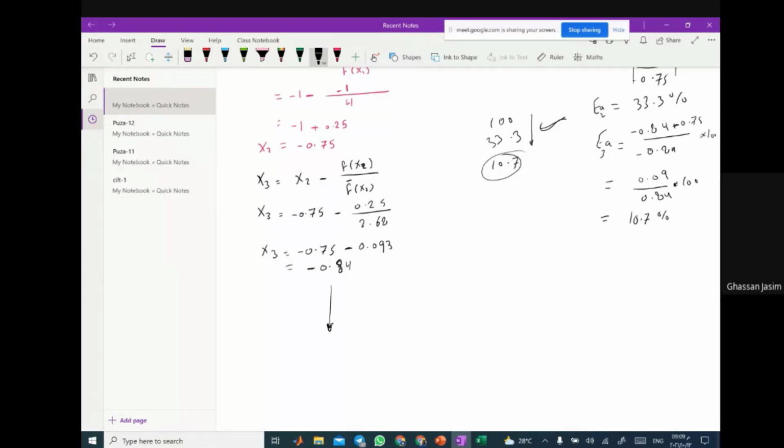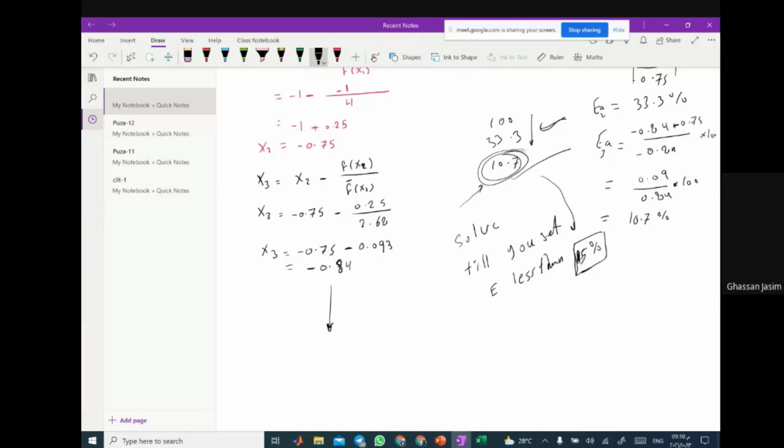For example, I will tell you in an exam: solve the equation until you get an error less than 15%. That means if I ask what error you have, and it is 10%, it is less than 15.